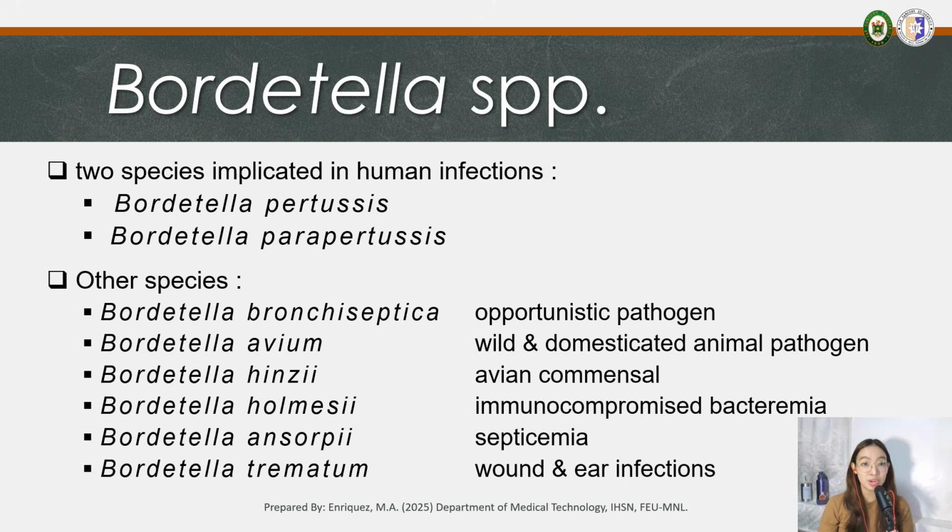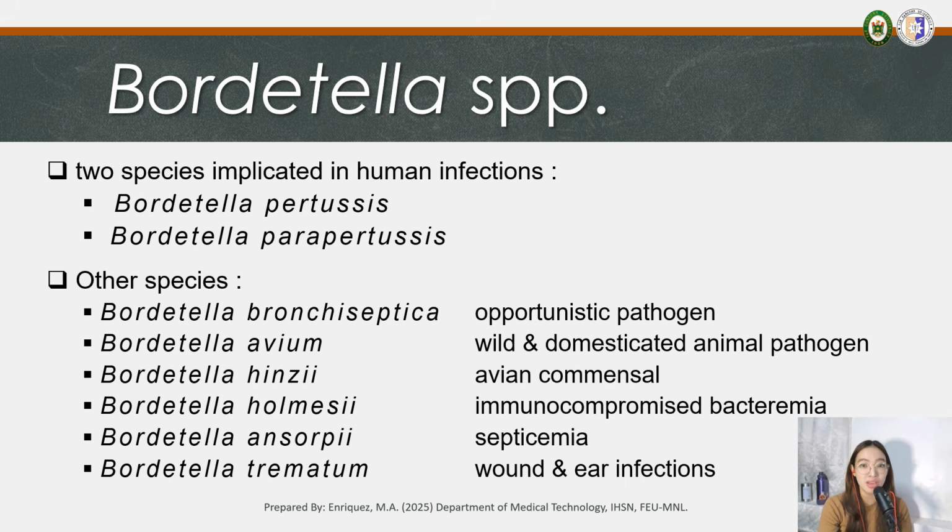Up next is the Bordetella species. There are two species implicated in human infections, Bordetella pertussis and Bordetella parapertussis. But there are other miscellaneous species that have been associated with a number of various infections listed here. So let's go through them. Bordetella bronchioseptica is an opportunistic pathogen.